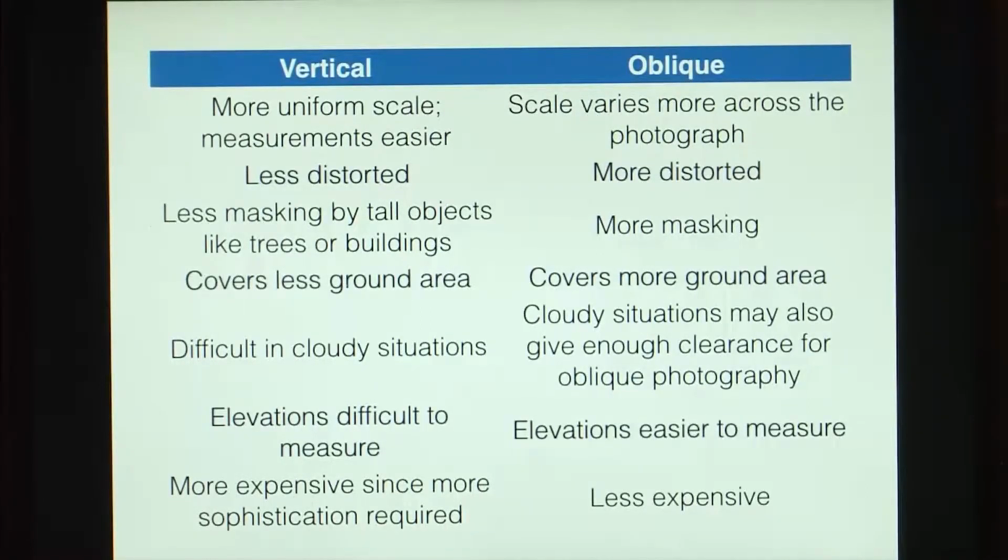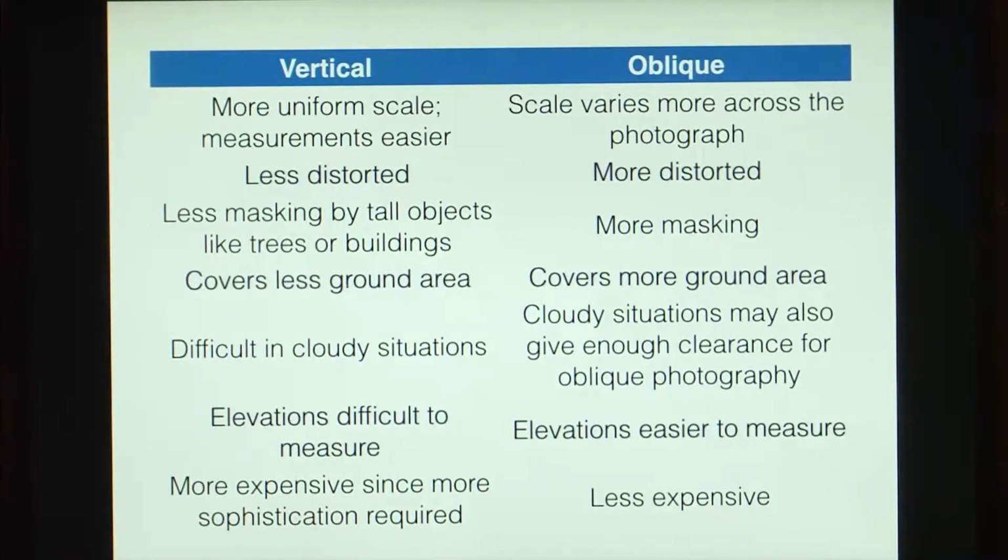A vertical photography is difficult in cloudy situations, because when you have clouds and when you want to keep your camera axis, the plane of your sensors parallel to the ground, it becomes very difficult to take cloud free photographs. But in the case of oblique photography, the cloudy situations may also give you enough clearance for oblique photography. In the case of vertical photographs, elevations are difficult to measure, but they are easy to measure for oblique photographs.